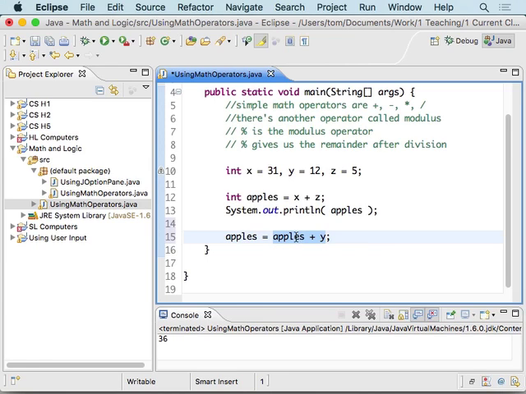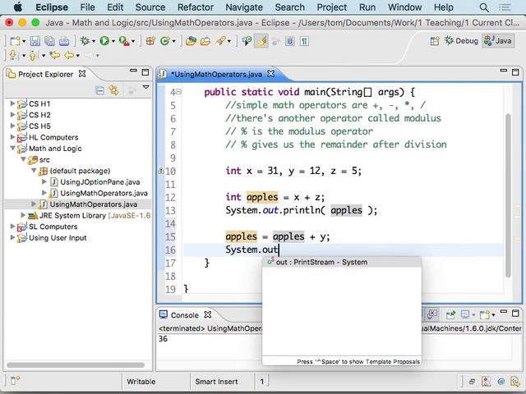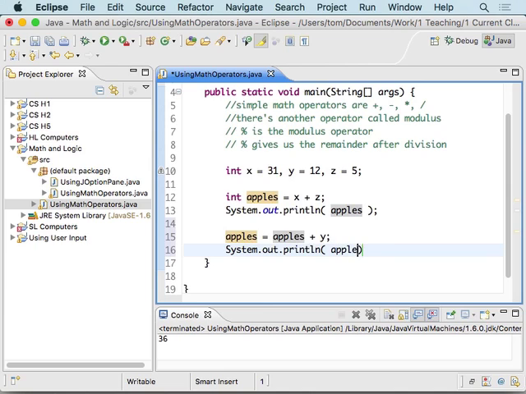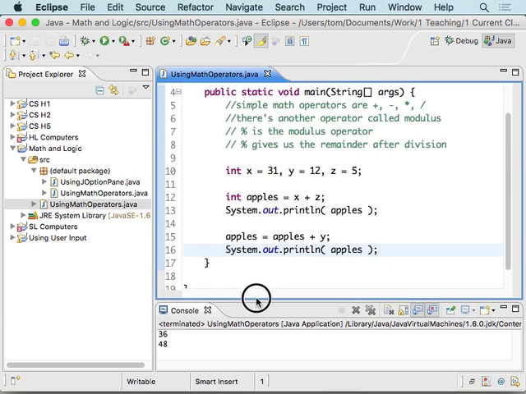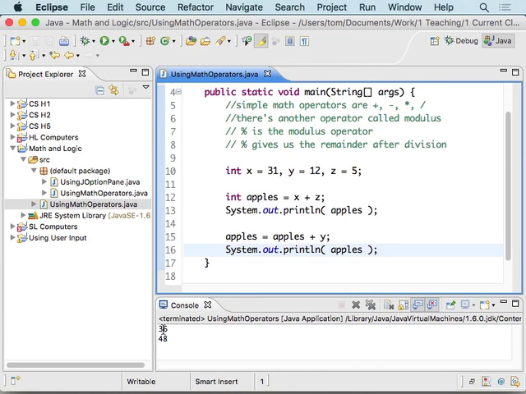Apples right now is 36. We're going to take 36, add the value of y, which is 12 from up here, so that should be 48, and that is going to be our new value of apples. Let me print that out just to confirm it. Now the original value of apples is 36, and the new value of apples is 48. Is that making sense so far?